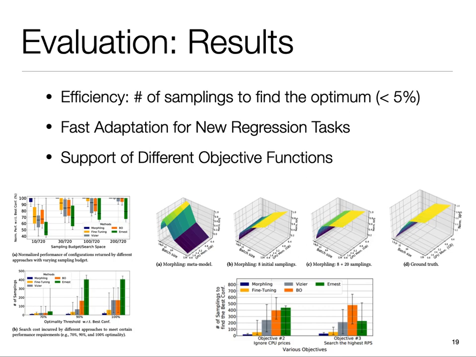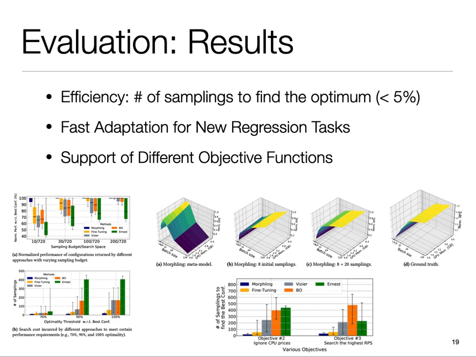Morphling's high efficiency is attributed to its ability to quickly adapt the meta model to a new inference workload. To illustrate this, we consider tuning two configuration knobs, GPU memory size and the maximum batch size.